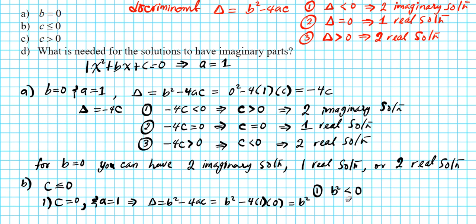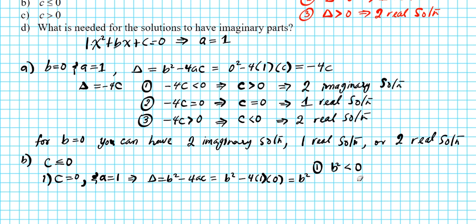Is this equation defined? Is there any number that when you square it, it's negative? The answer is no. The square of any number, positive or negative, is always positive. Okay? So this situation here has no solution. You cannot solve it. There's no real number squared that is less than 0.